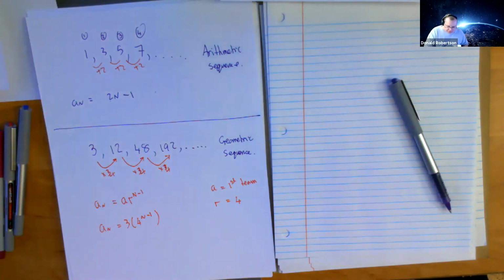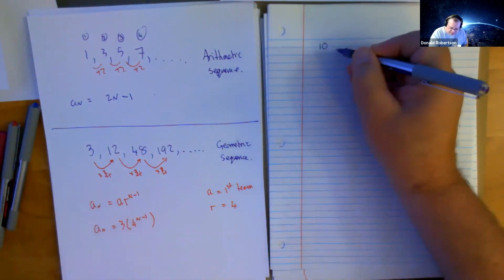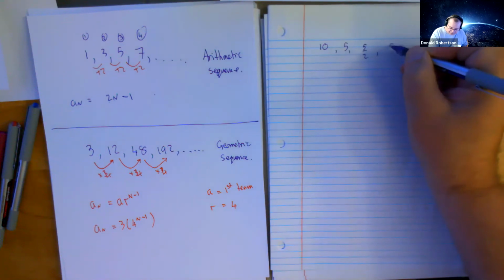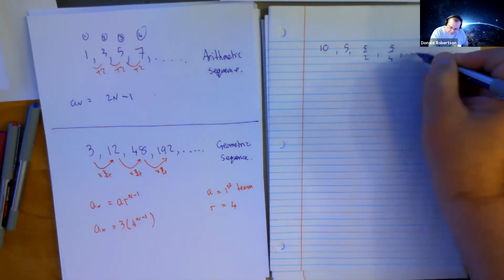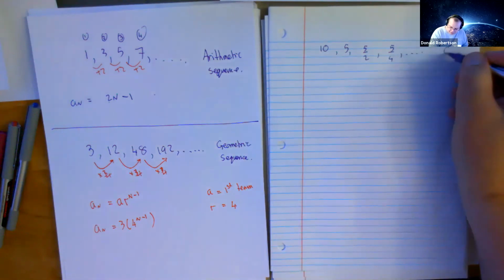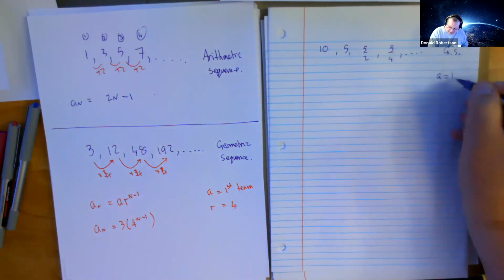Do another geometric one. Suppose I start with 10, then I get 5, then I get 5 halves, and then I get 5 quarters. That is also a geometric sequence. The first value is 10.